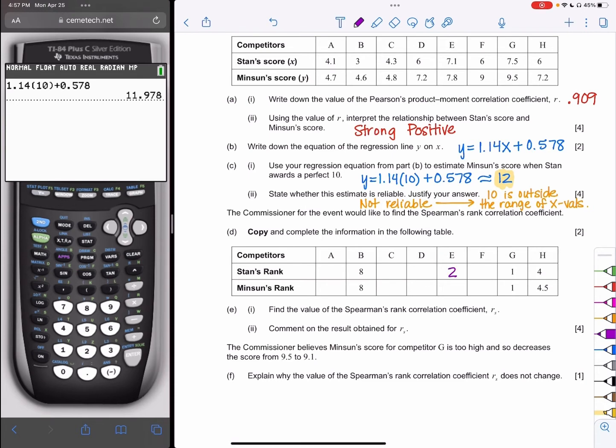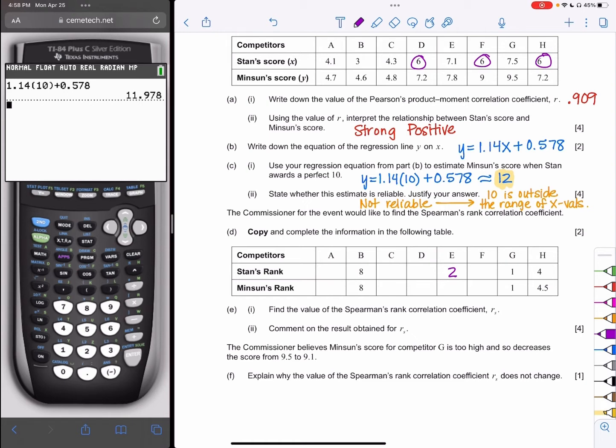Then the next number below 7.1 is a 6. And I see that we have 3 of these 6s here. So instead of saying one 6 is 3, another is 4, and another is 5, we have to be very strategic, because we can't really judge which one is going to come first.